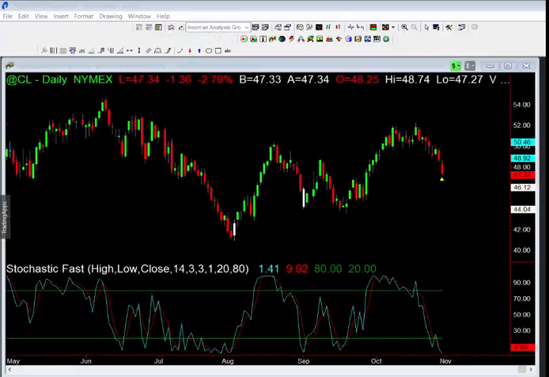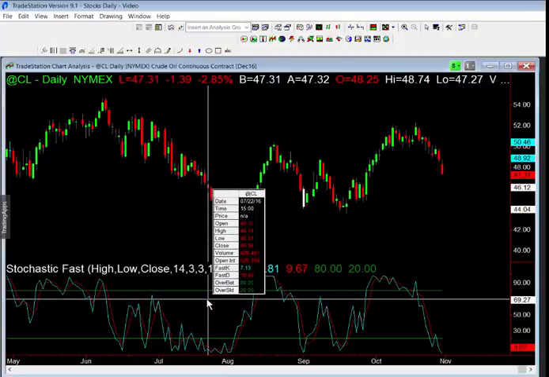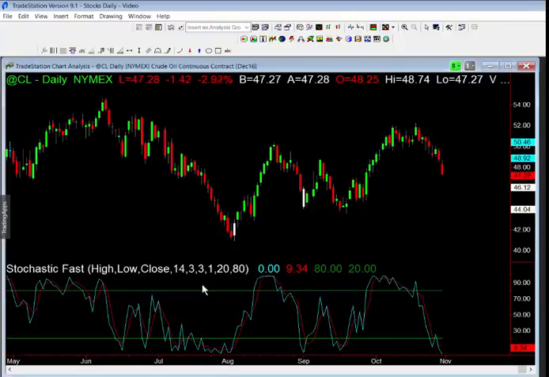Here's another example using stochastics. Everybody probably knows what stochastics is. So we've got this falling market. Stochastics, the old rule of thumb was, below 20, it's oversold, above 20, it's overbought. So this thing has been oversold since up here somewhere.